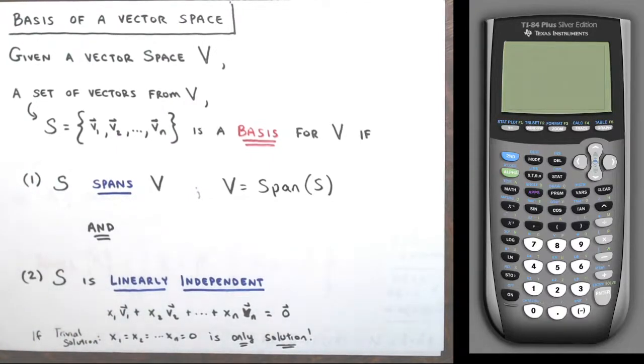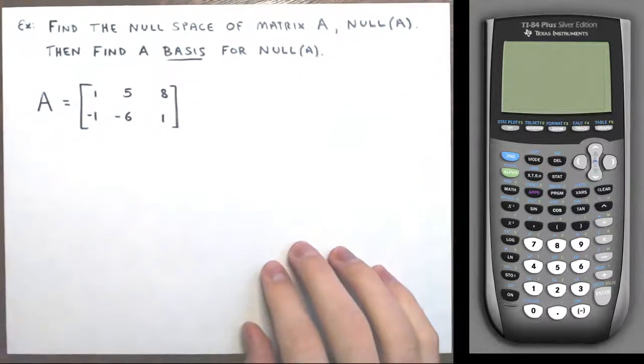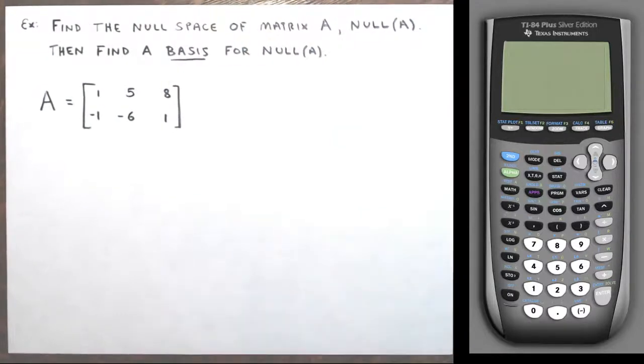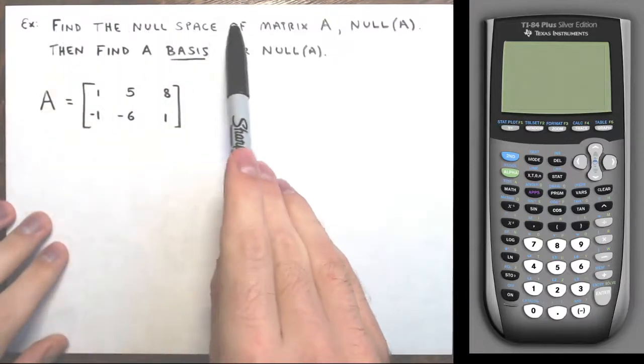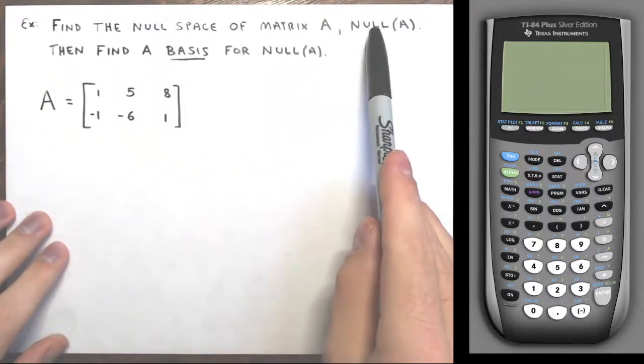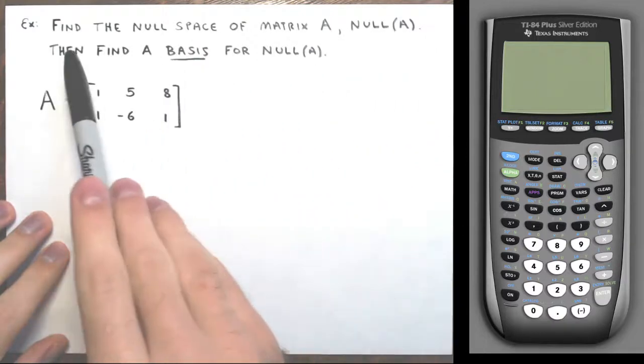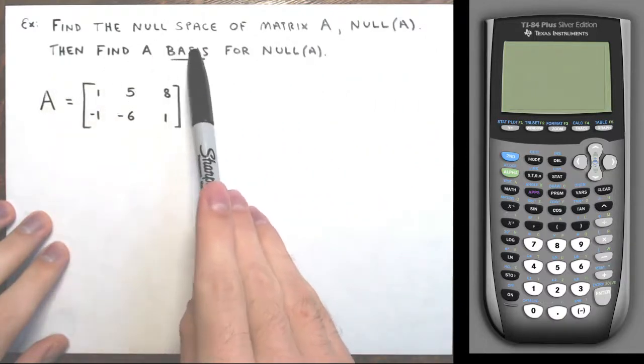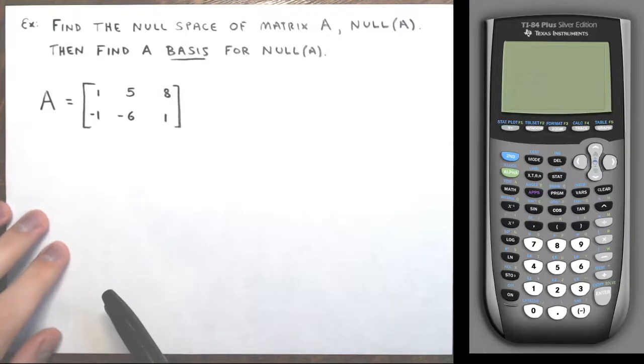Okay. So now we have the definition of null space out there, definition of basis out there. Let's go into my examples. For the rest of the video, I'll be given a matrix called A. And what I'm going to be asked to do is find the null space of the matrix A, then find a basis for the null space of A, a basis for that vector space.